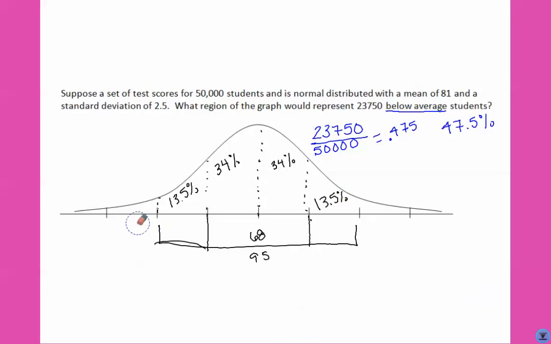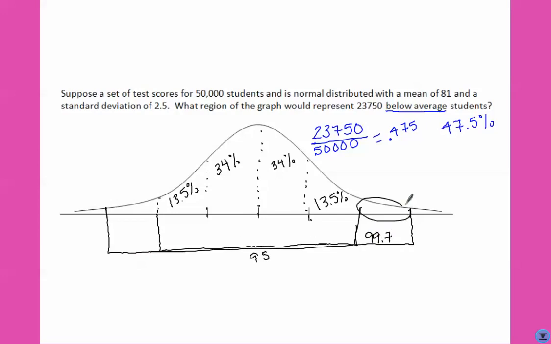All right, so let's go a little further. Out here is 95. If we go all the way out this far, that much is 99.7. So to be in this little section and this little section, we're left with 4.7.